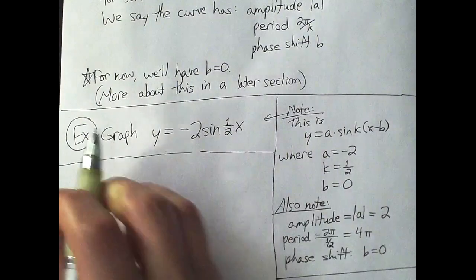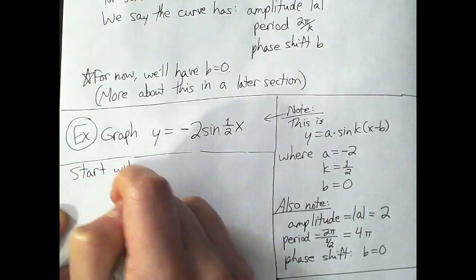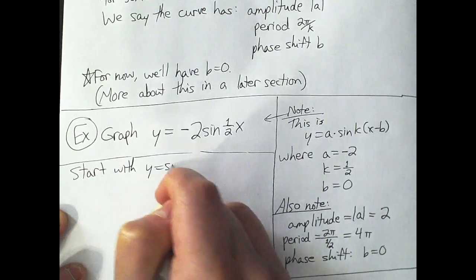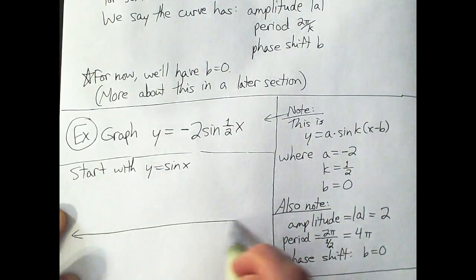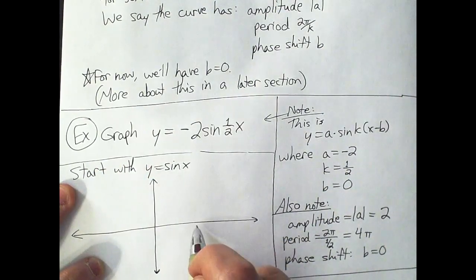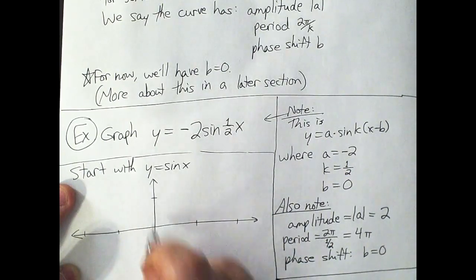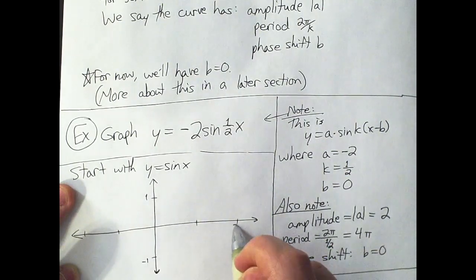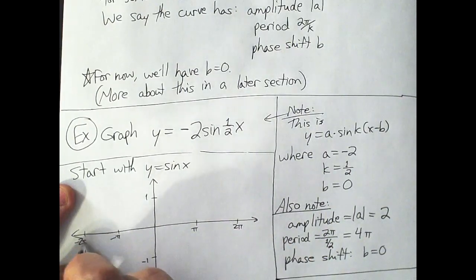Just like the previous two problems we did, it helps to start with a basic graph of sine or cosine. I'm going to start with the basic graph of sine, and then we'll figure out what the 1/2 is doing and what the -2 is doing. I'll draw this a little quicker this time because we've been drawing this a few times today. -pi, -2 pi.